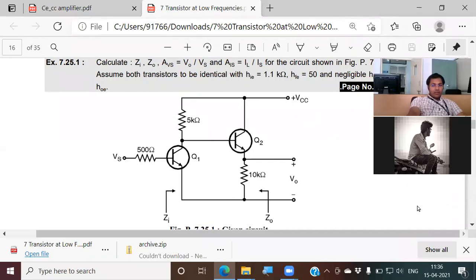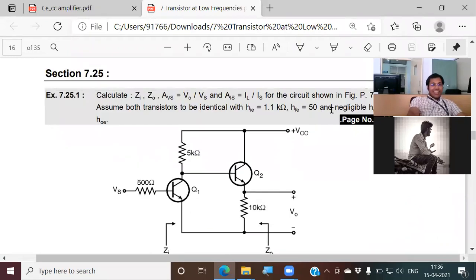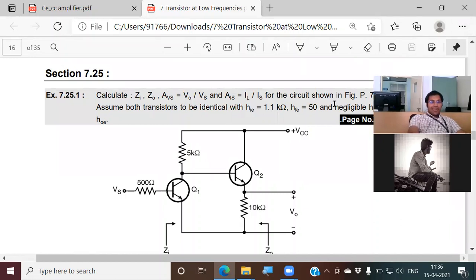What are the values? Here you can see HIE 1.1 kilo ohm. Please note down HIE 1.1 kilo ohm. HFE 50. I am repeating, HIE 1.1 kilo ohm, HFE 50.